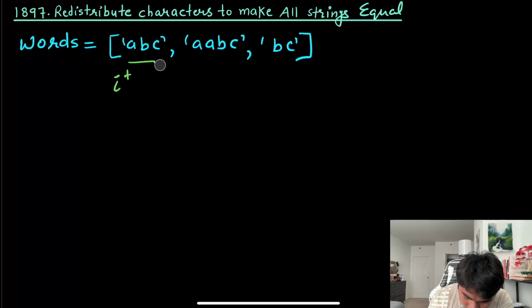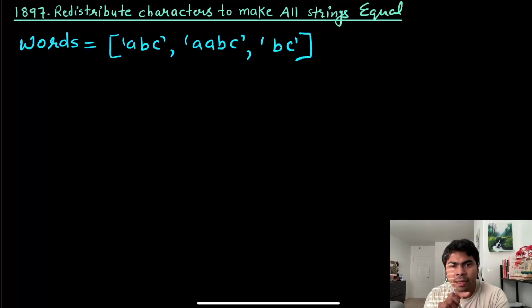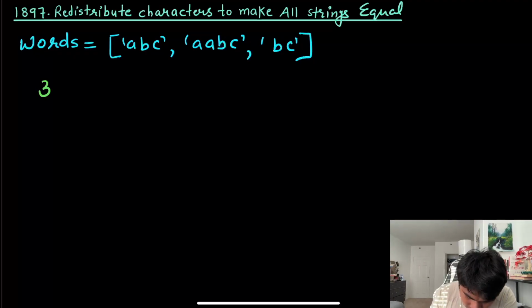So that is why we're going to apply the logic that the objective here is to make all the strings equal. If we want to make all the strings equal, that means that, let's say the size of the words array is 3, then we need to have 3 of each of the characters that are present here.